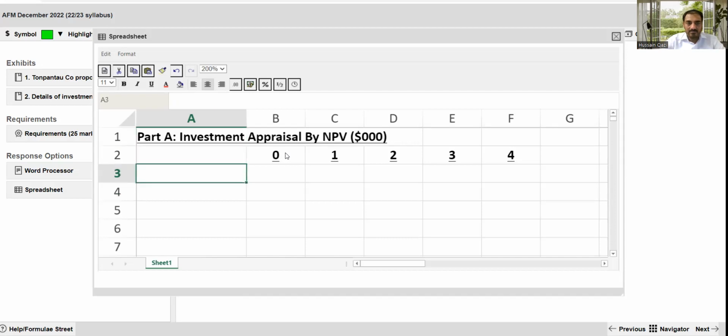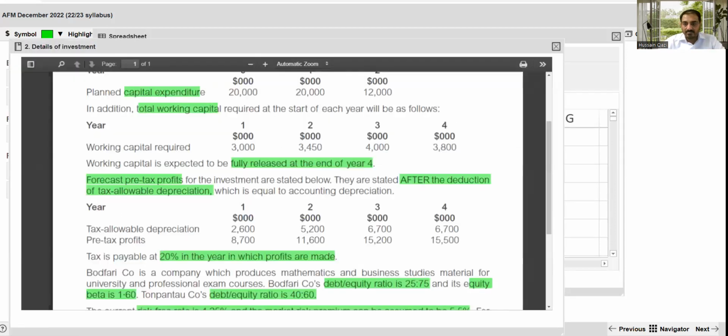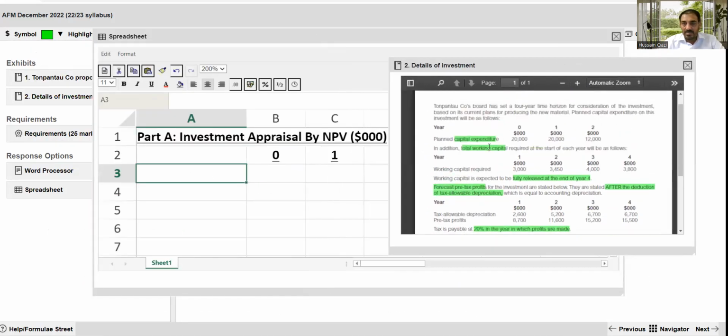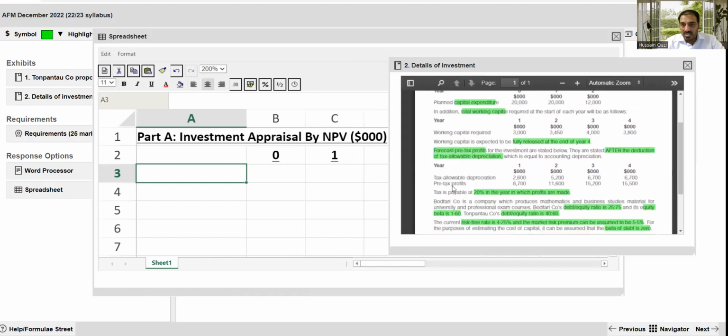So here is the working. For example, with this question, very simple. Mention the pre-tax profit: 8,700, 11,600, 15,200, all these things. So now come on.